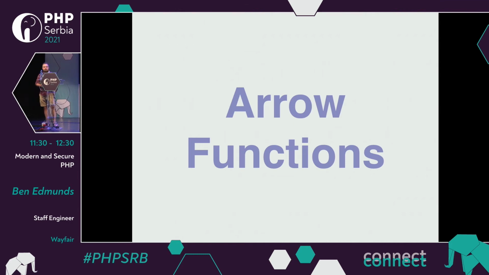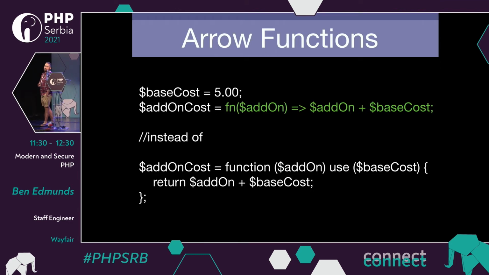All right, arrow functions were added in 7.4, and this is just syntactic sugar. It is a shorter syntax for anonymous functions, and it uses variables from the parent scope by default. So let's say we're doing a shopping cart. We have the base cost of $5, and then we have add-ons that you can add on.